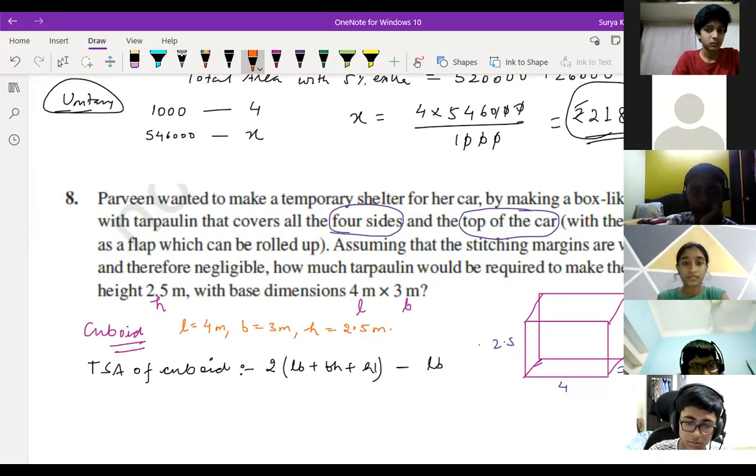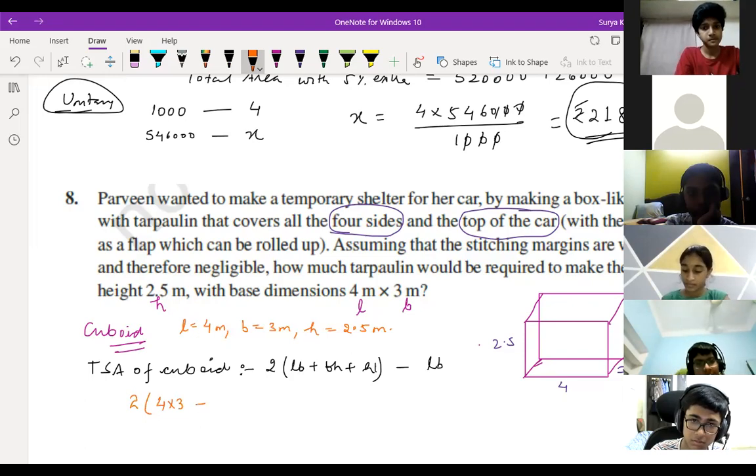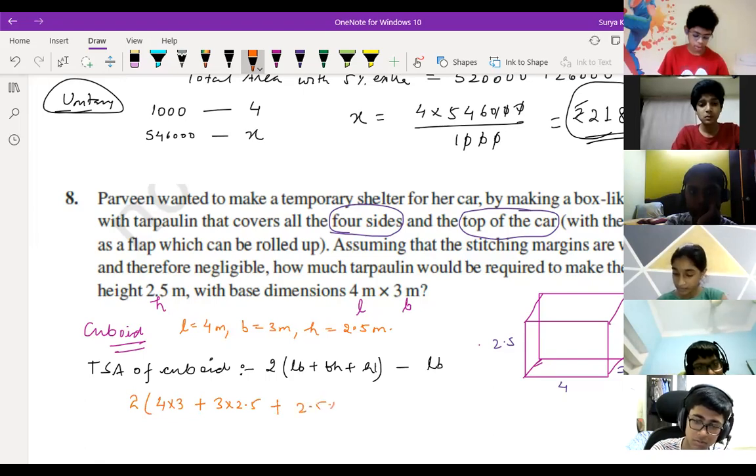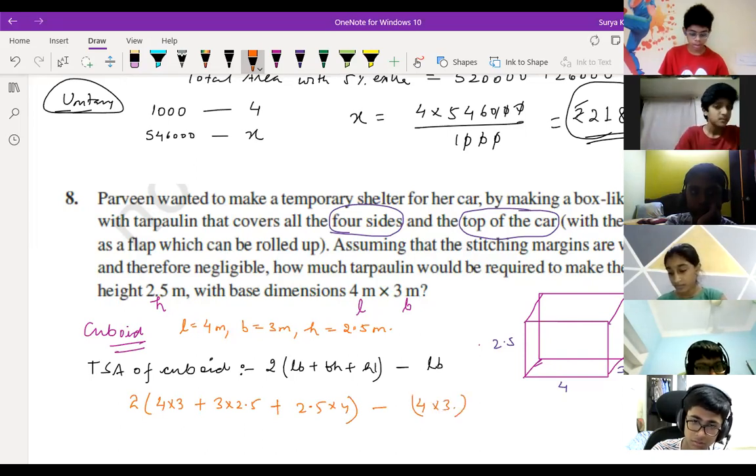So 2 into (LB plus BH plus HL) means 4 into 3 plus 3 into 2.5 plus 2.5 into 4, minus length into breadth. Length into breadth is 4 into 3. Is it clear to everyone, children?